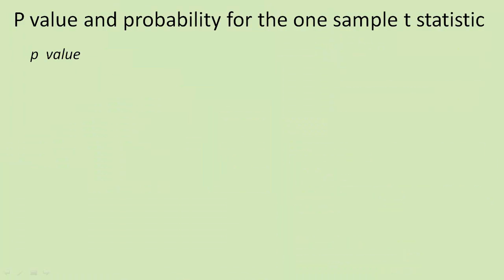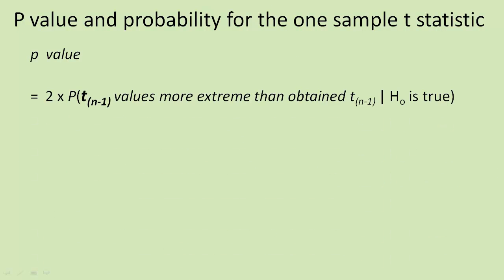So we can say that the p-value associated with one sample t statistic is defined as 2 times the conditional probability of all those t-values more extreme than the t-value obtained for a specific sample size, given that the mean in the population is a specified value which we call the null hypothesis. Often in textbooks they say the null hypothesis is always 0, but clearly this is not the case. It can be anything as long as it has a single value. For example, we had 120, which is fine.